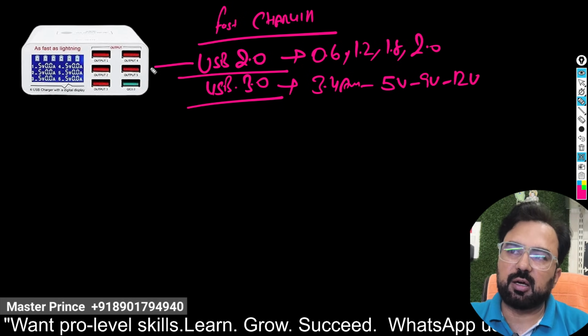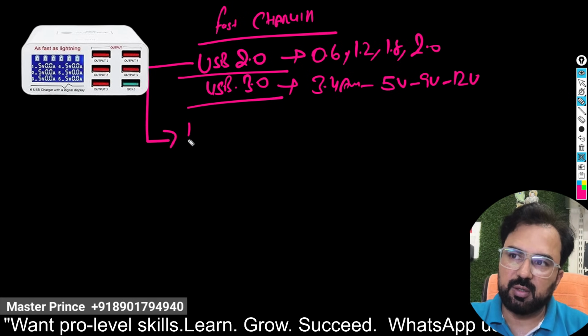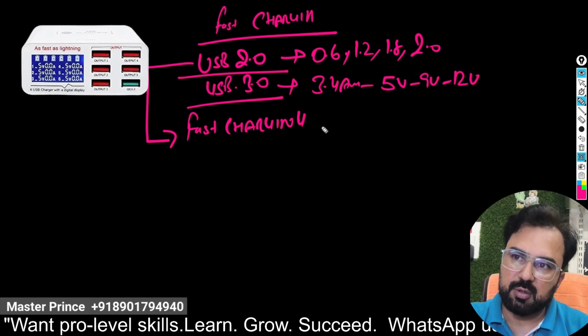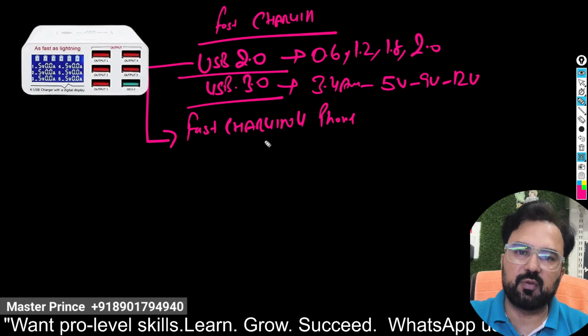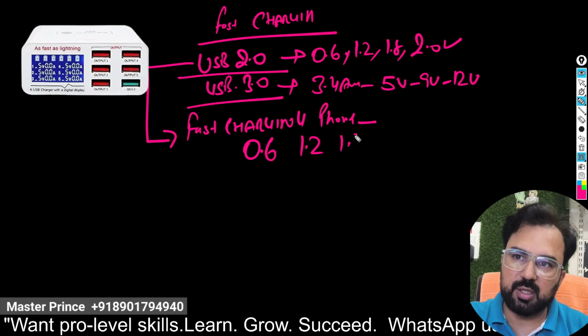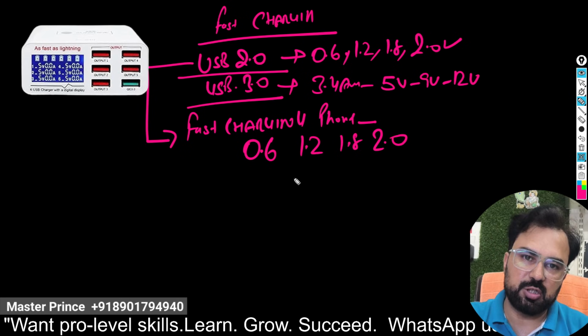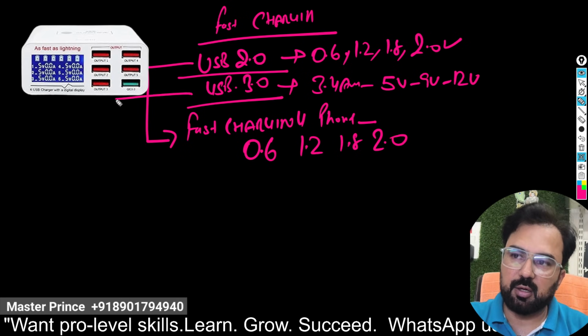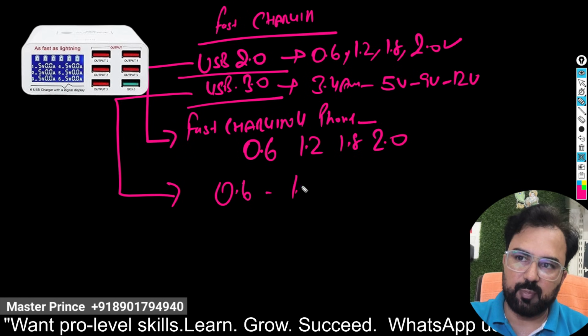But if you connect a fast charging phone to the USB 2.0 port, the scenario is similar to this: 0.6, 1.2, 1.8, 2.0, nothing changed. And if you connect a normal phone to USB 3.0, the charging will be the same, 0.6 to 1.8 to 2.0, or 2.2 maximum.